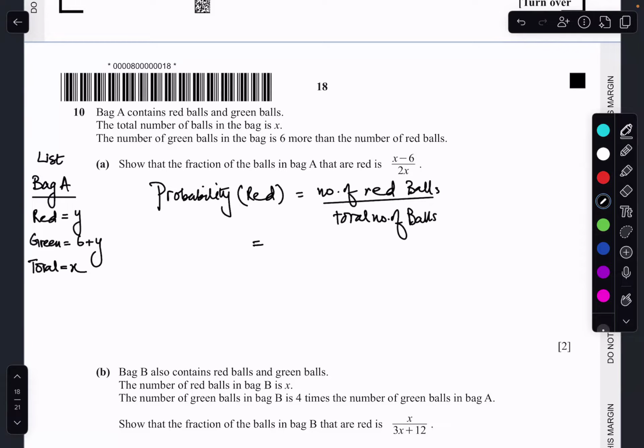So red over here is Y divided by X. Right? But what can be Y? If we make a statement out of it, it should be like Y plus 6 plus Y is equal to X, right? So that means Y is equal to X minus 6 divided by 2, isn't it?